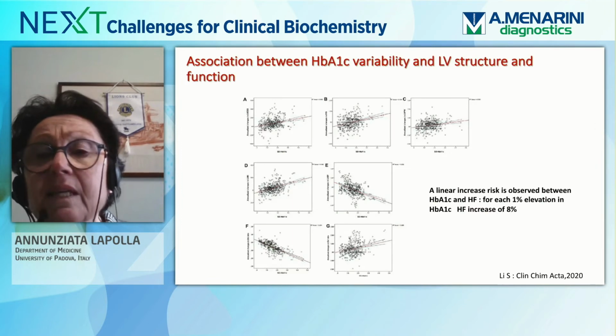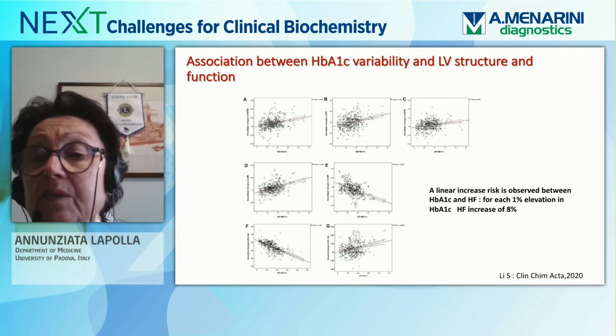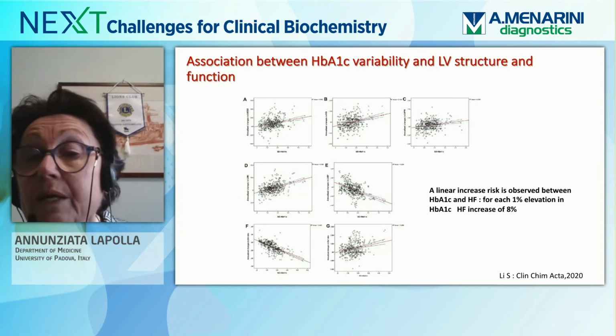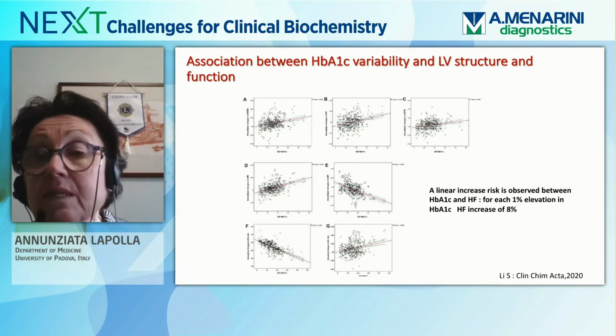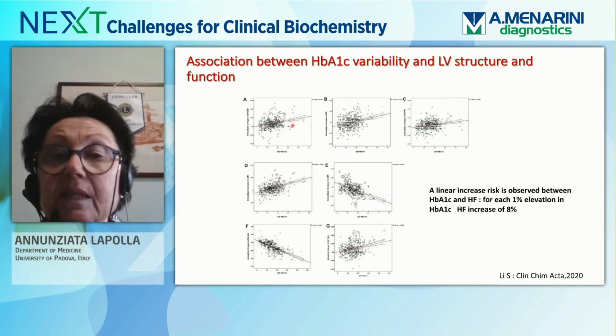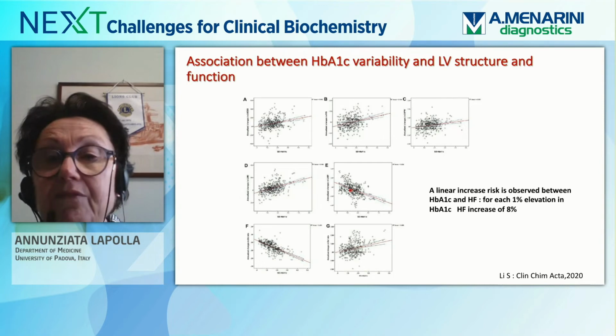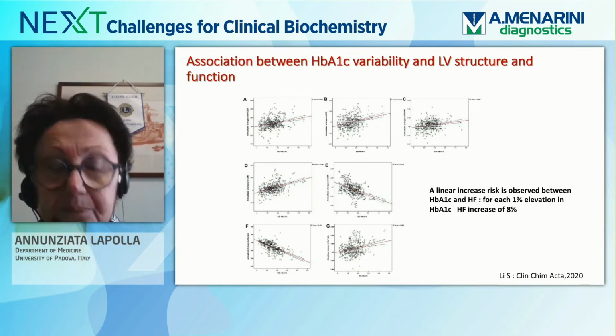And you can see a linear increase in risk: for each 1% elevation in HbA1c variability, there is an increase in left ventricular dysfunction in patients with type 2 diabetes.